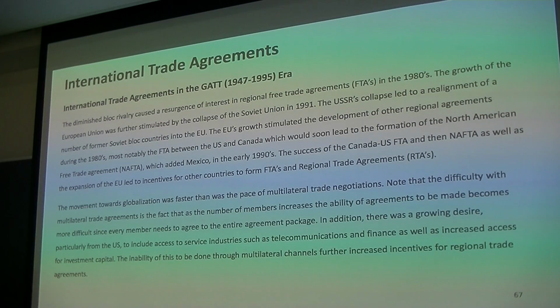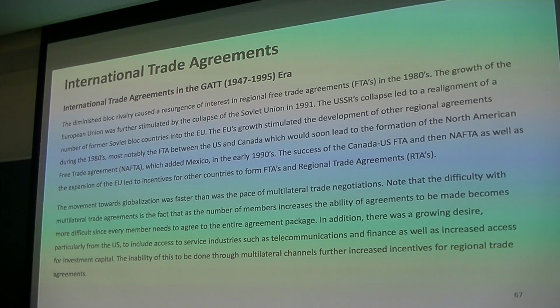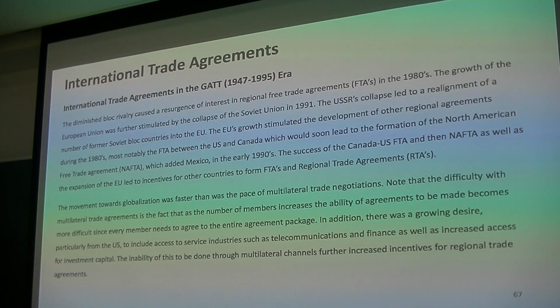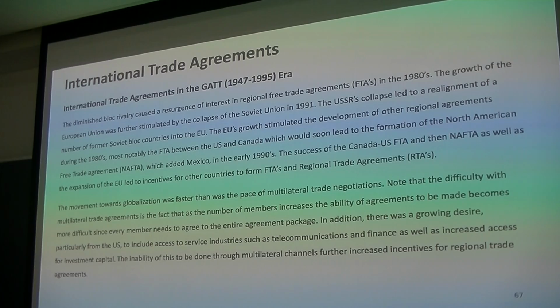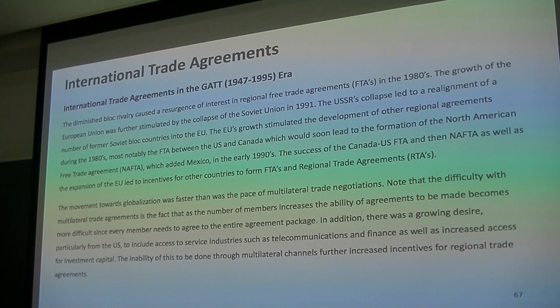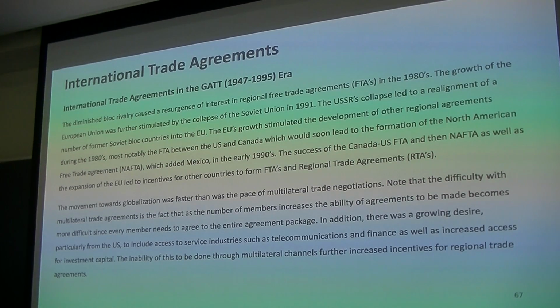One of the problems with the multilateral trade organizations, as I mentioned, you had the development in the mid-1990s of the World Trade Organization, the WTO, which emerged in, I believe, 1995. When it emerged, there was an effort to have big multilateral trade agreements.